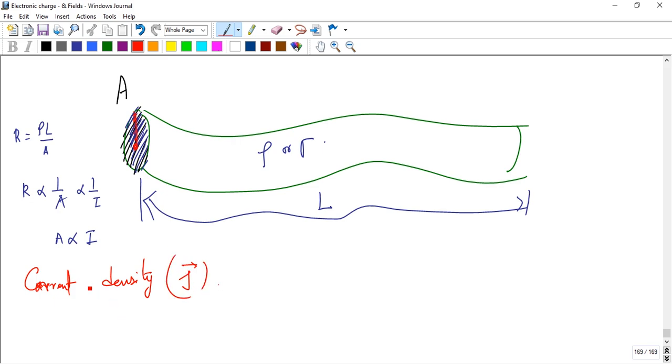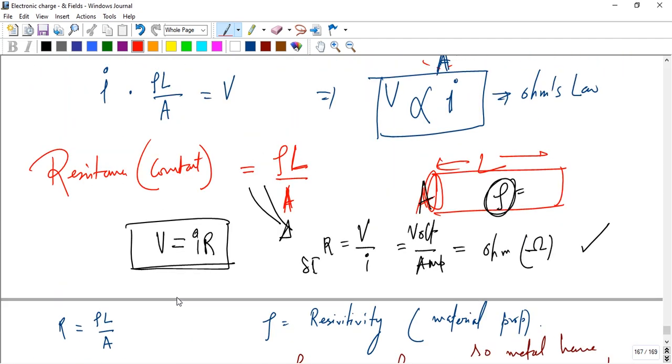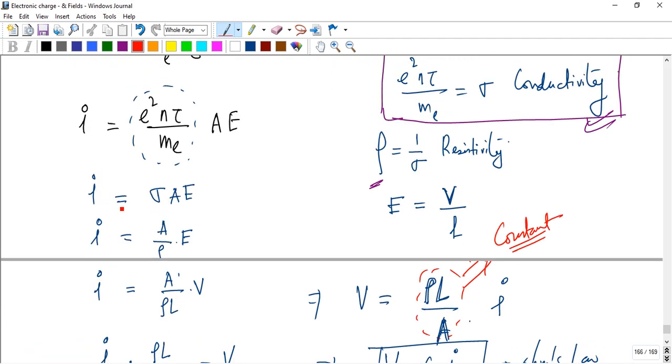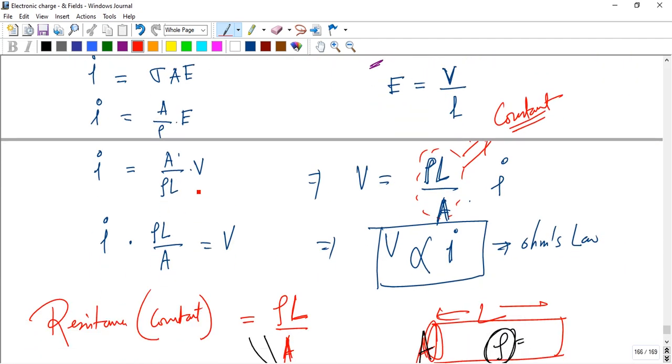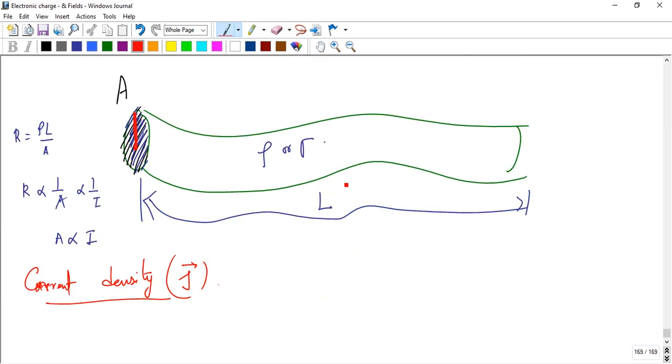We found the expression in the previous class from I equals sigma A E. The current density is defined as the current per unit area, so I by A equals sigma times E. Finally, J equals sigma E.